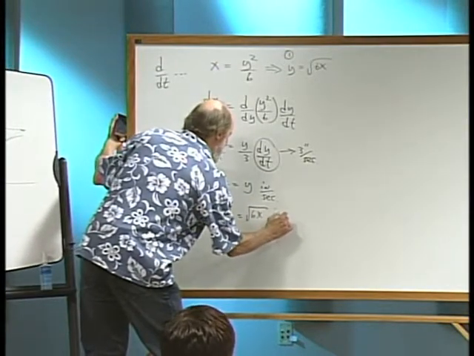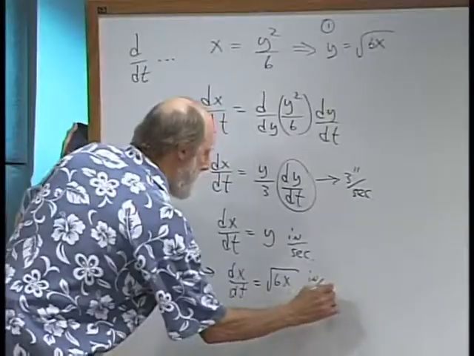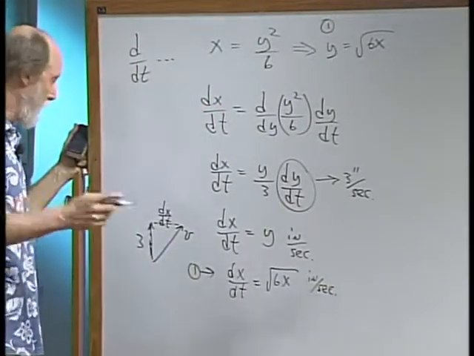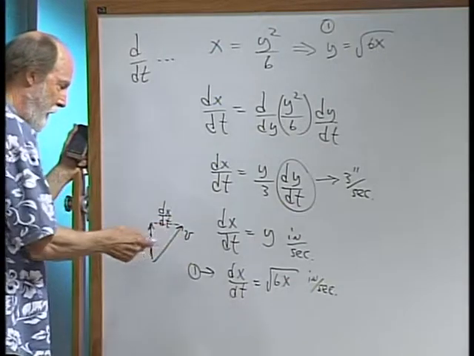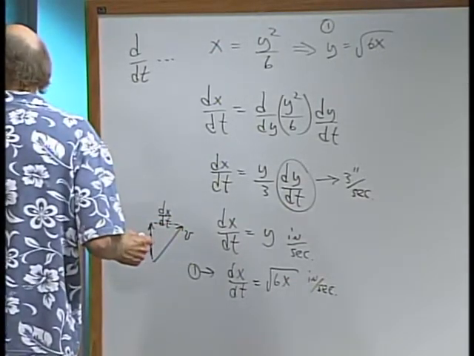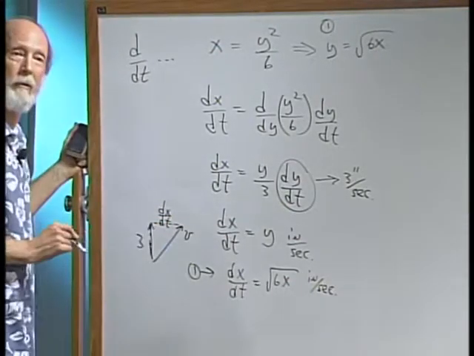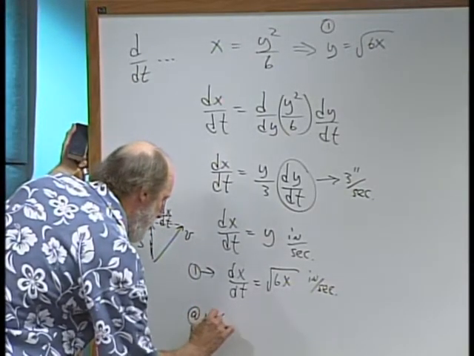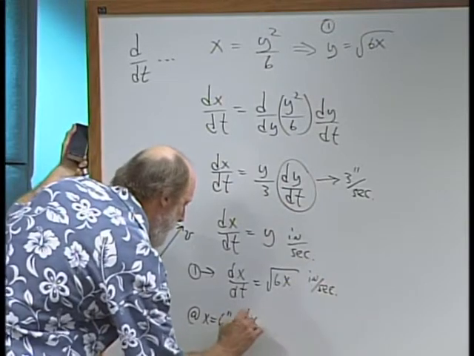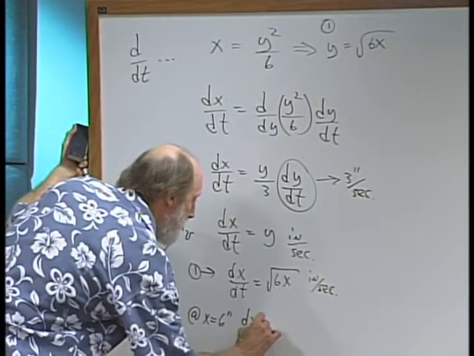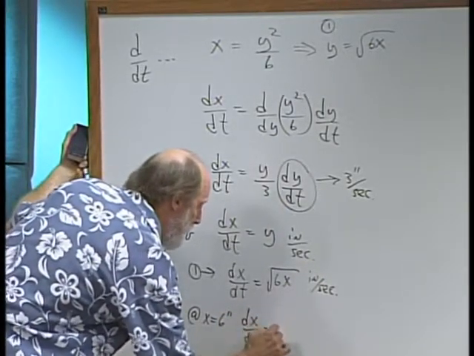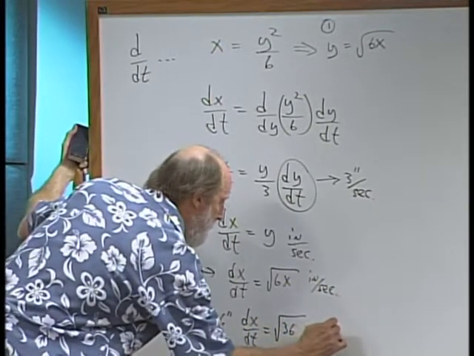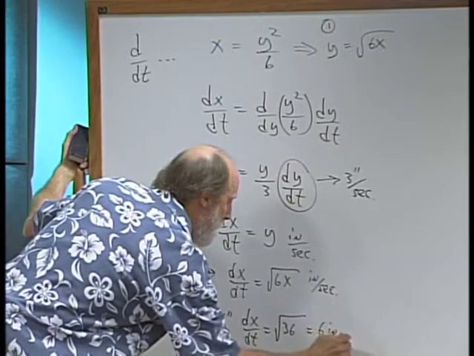This is going to still be in inches per second. And the problem asked, what is the velocity when x happens to be 6? So at x equals 6 inches, dx dt becomes square root of 36, or 6 inches per second.